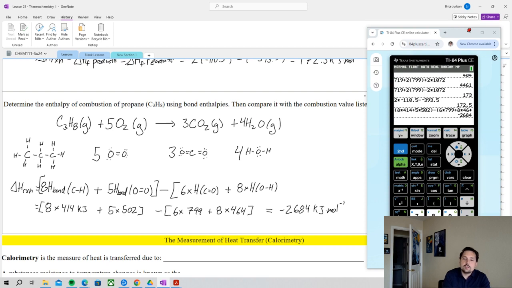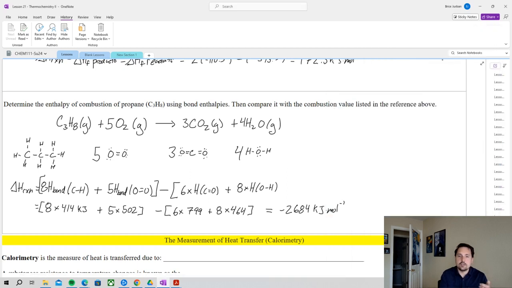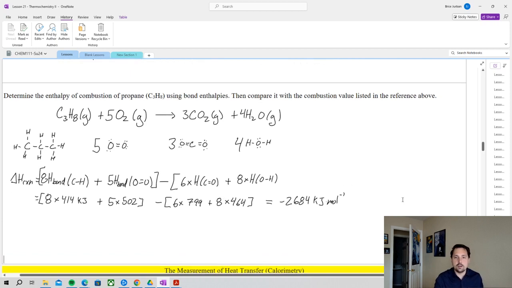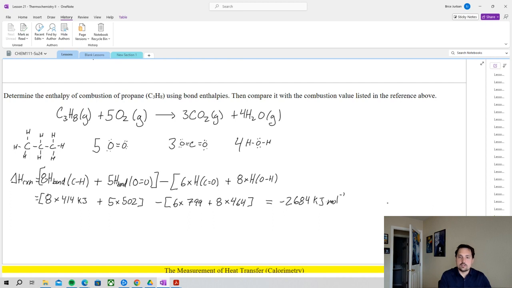Okay, so now this value is going to be a little bit different than the combustion value listed up above, because we're not accounting for the fact that the combustion value above has the water going from the gaseous state to the liquid state.